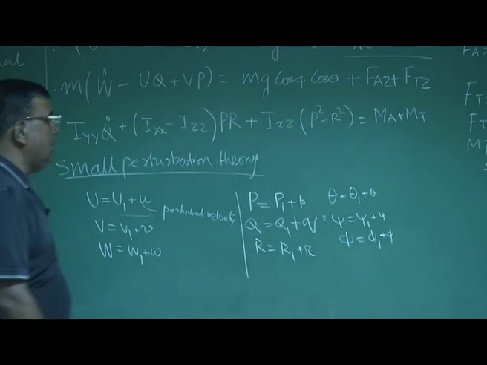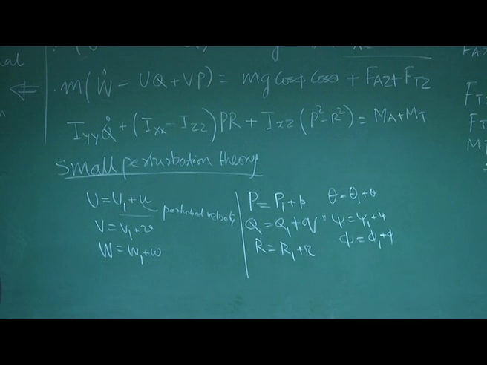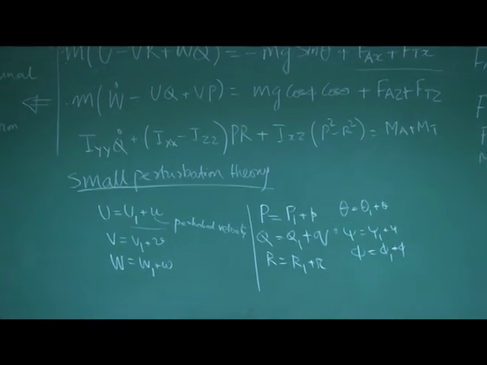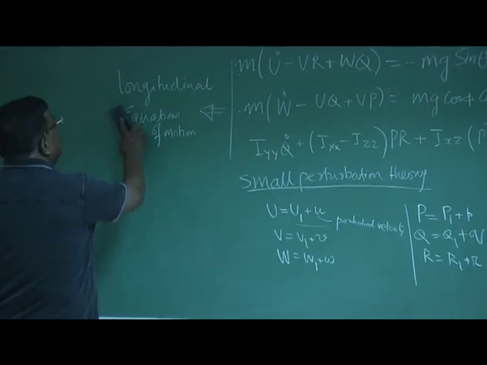All the small quantities p, q, r, u, v, w, theta, psi, phi are to be understood as perturbed quantities. Now we'll substitute this in this equation and see how our equation of motion for the perturbed case develops.